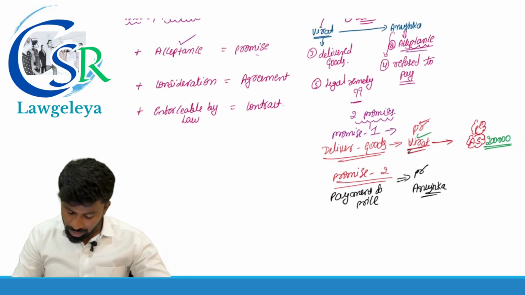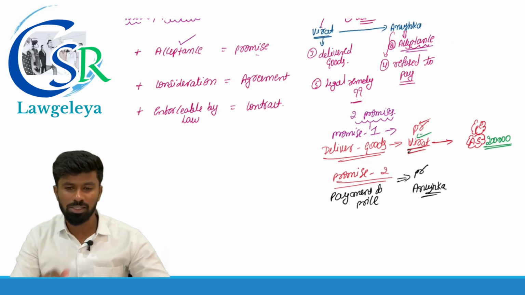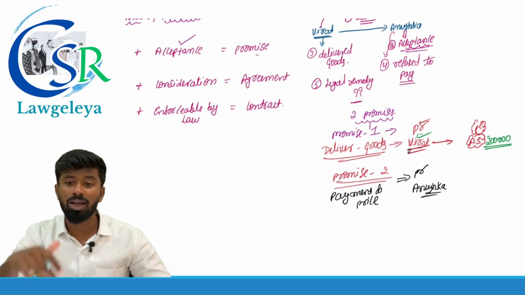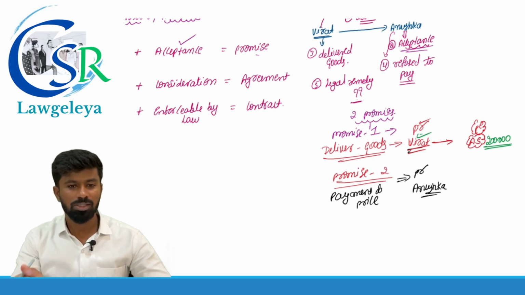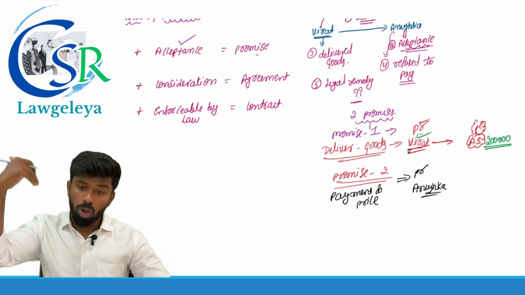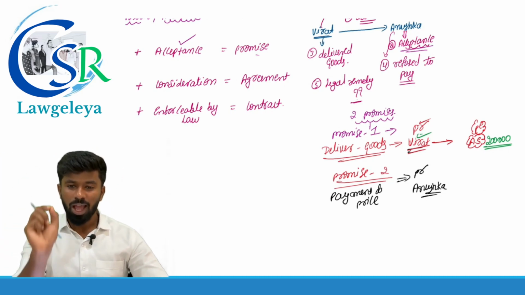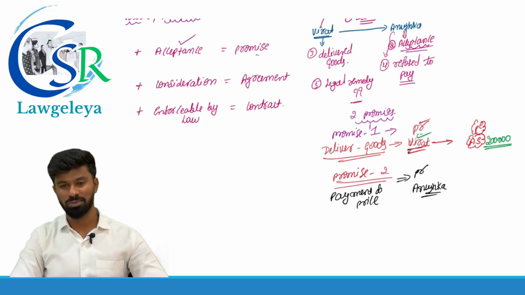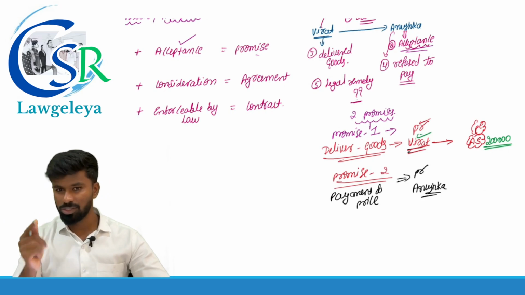Now, what is consideration? When, at the desire of the promisor, the promisee or any other person does something, has done something, abstains from doing something, or promises to do something, such an act, abstinence or promise is called consideration.